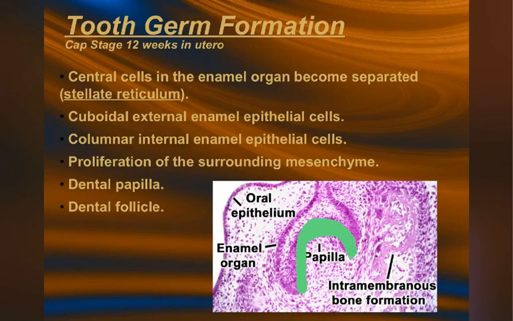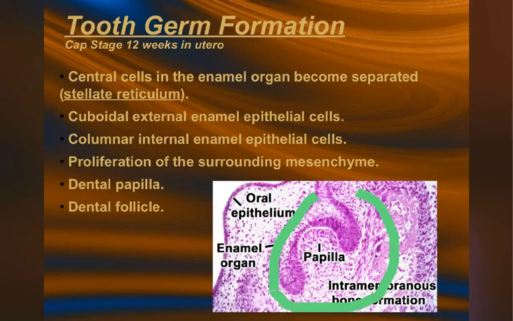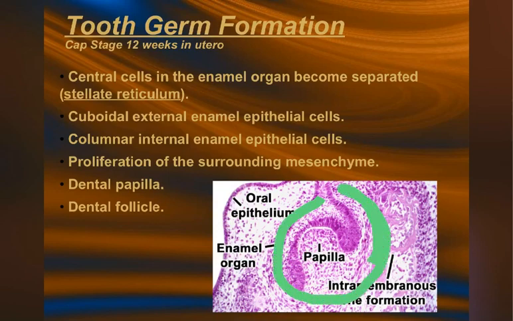Underneath this internal enamel epithelium, the ectomesenchyme is called dental papilla. Dental follicle is like a sac. It surrounds both the enamel organ and the papilla. It's called dental follicle or sac. It's like a bag surrounding the whole structure, and it's ectomesenchyme.